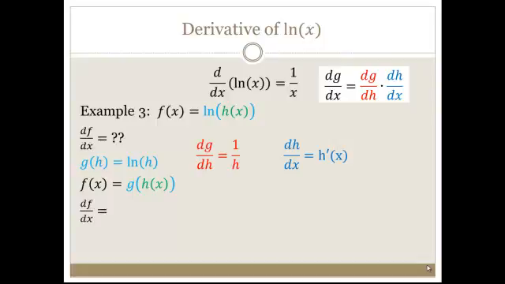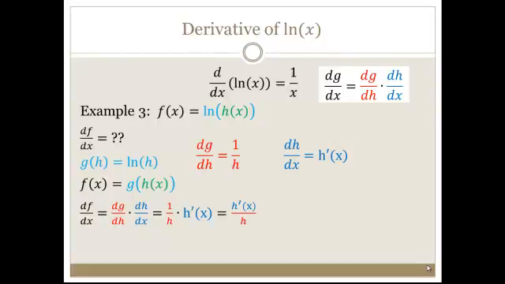Putting together the derivative of f with respect to x now, we have that it is the derivative of g with respect to h times the derivative of h with respect to x, which is 1 over h times h prime of x, or rewriting it, h prime of x divided by h.